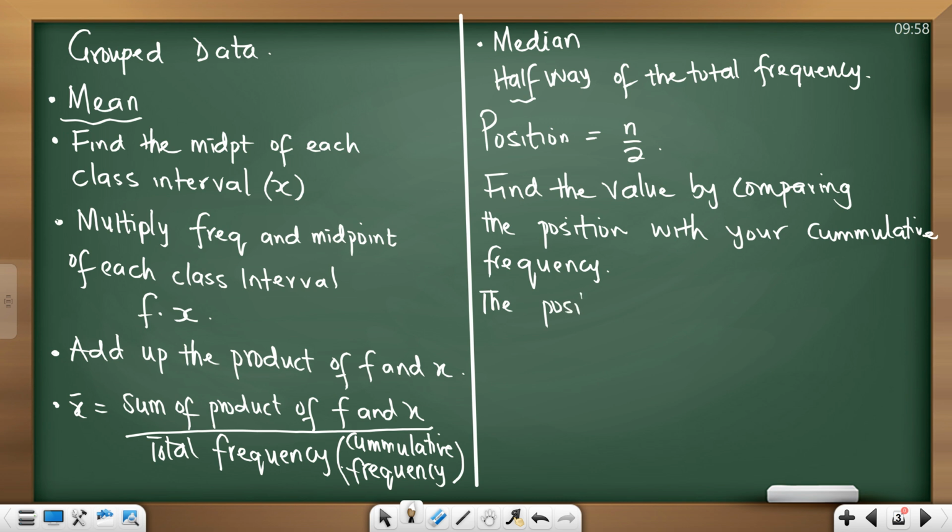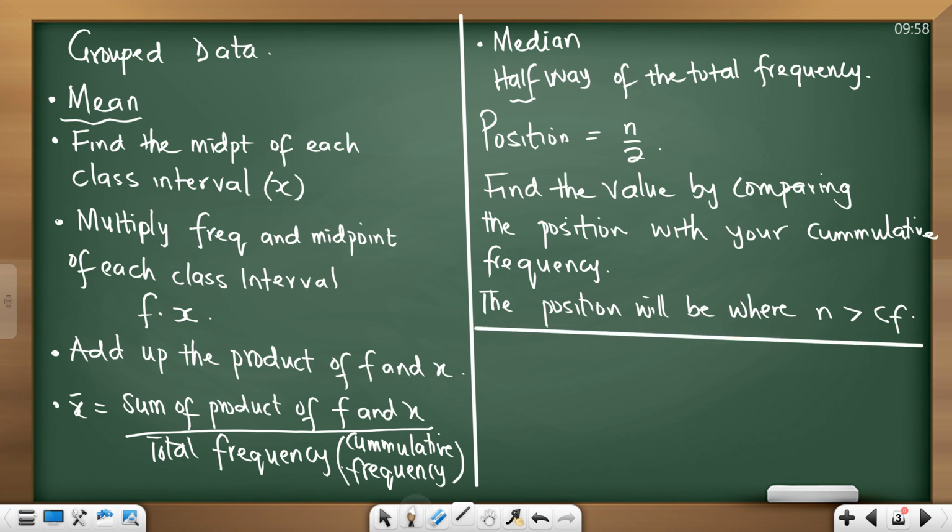The position will be where n is. So we're looking for n, but I want to describe where you'll find that n. It will be greater than the cumulative frequency. I'll just put CF there as cumulative frequency. And that's the same thing you do even when they ask you to find quartiles and percentiles.